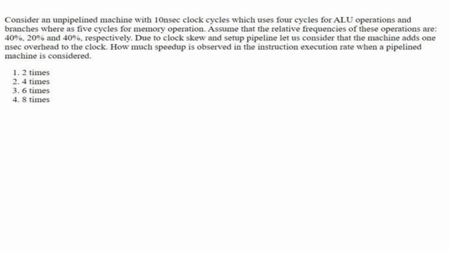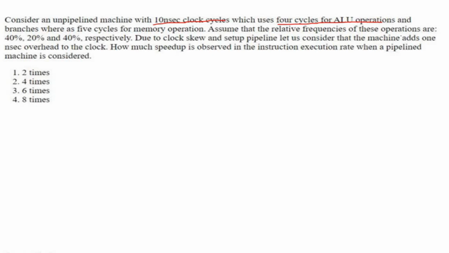Next is from the pipeline, which is a very important topic if we consider the UGC NET exam. They always ask questions from pipelining. So this time they have asked the comparison of pipeline and unpipelined system. Consider an unpipelined machine with 10 nanosecond clock cycle, which uses 4 cycles for ALU operation and branches, whereas 5 cycles for memory operation.